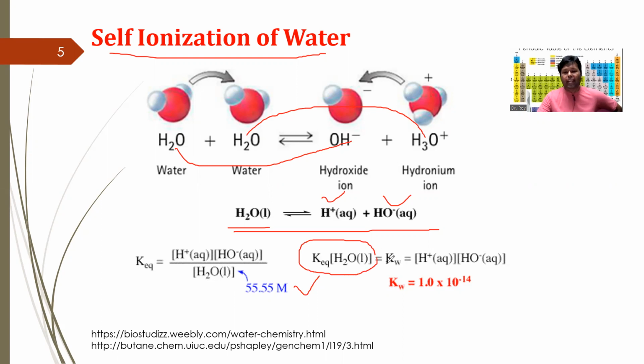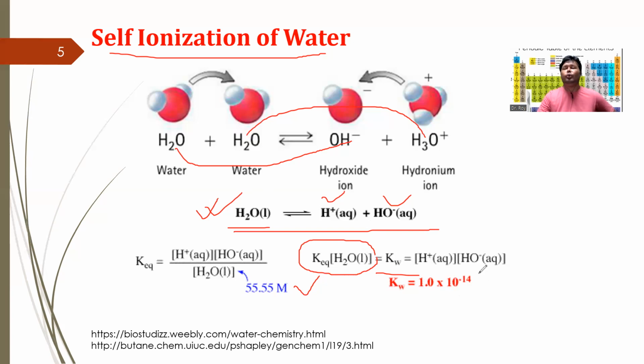We express this as KW, the equilibrium constant or dissociation constant of water, represented by the concentration of H plus multiplied by the concentration of OH minus.